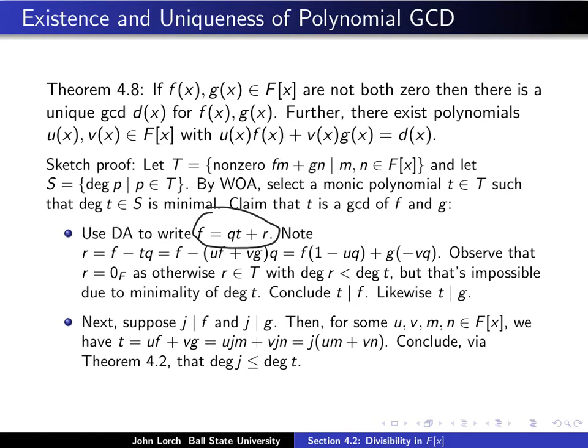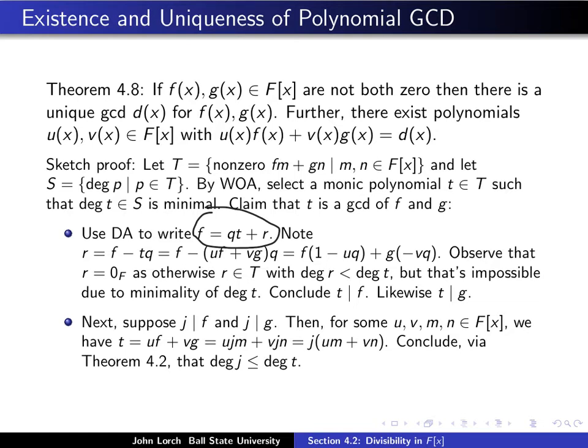Now, moving to the second bullet point, we're going to suppose we have a polynomial j in F adjoin x that divides evenly into f and g. Then for some polynomials u, v, m, n in our polynomial ring, we can write t as uf plus vg. Remember, t is a member of capital T, which is a collection of linear combinations of f and g.